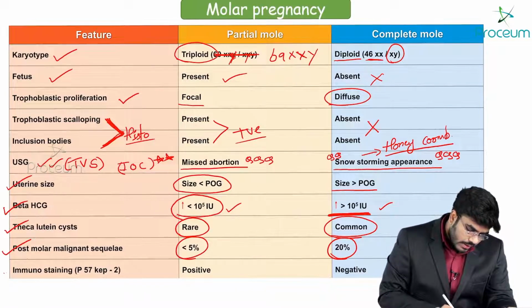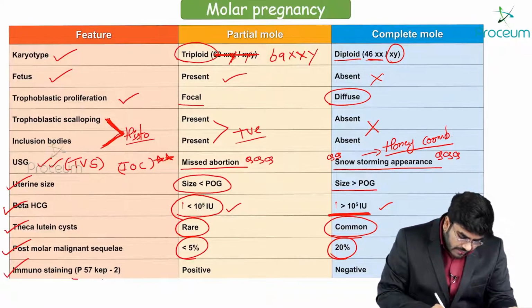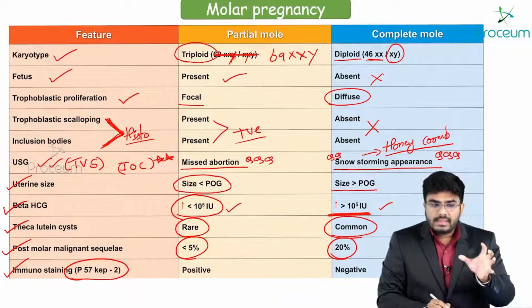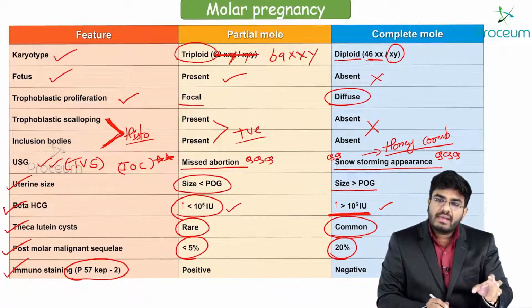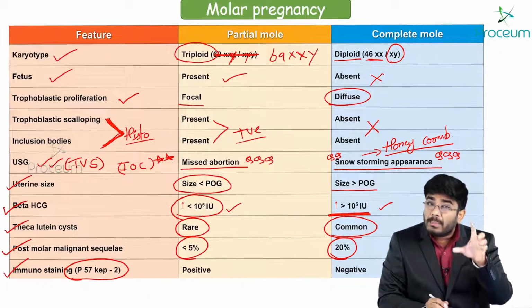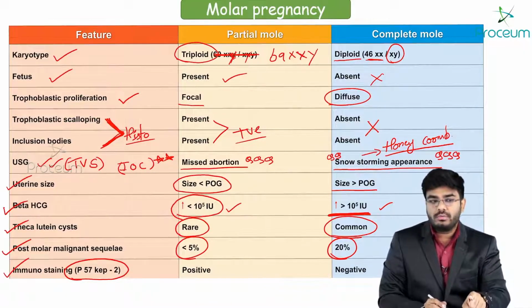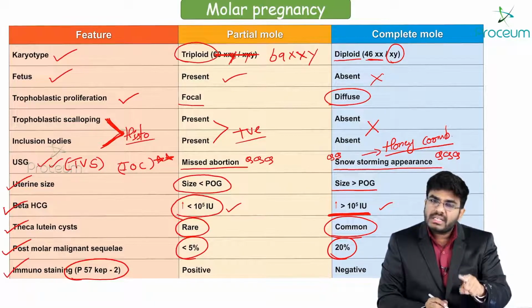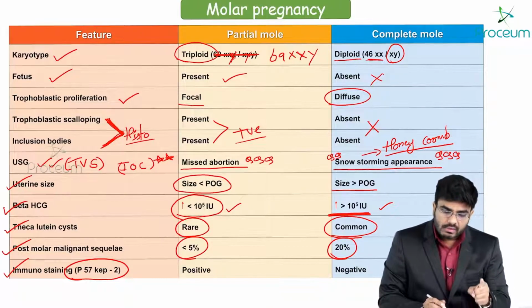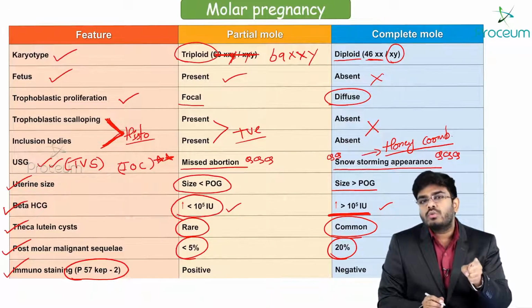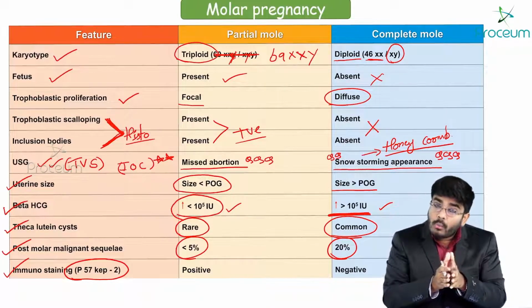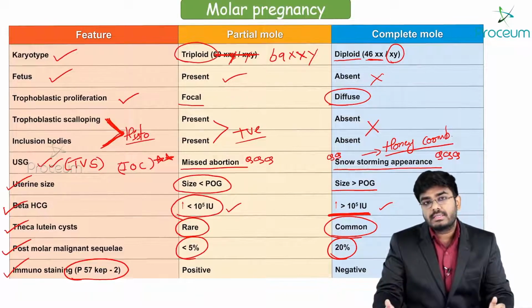Okay. Now let's talk about the immunostaining or P57 Kip2 staining. See, this P57 Kip2 staining will only be positive if there is a maternal genetic material. This staining is not going to be positive whenever there is no maternal genetic material present.